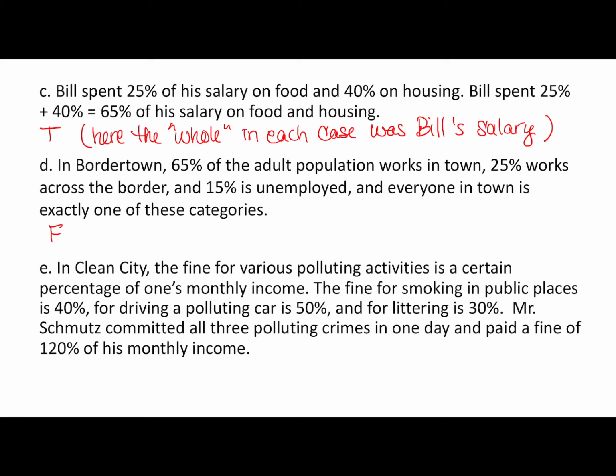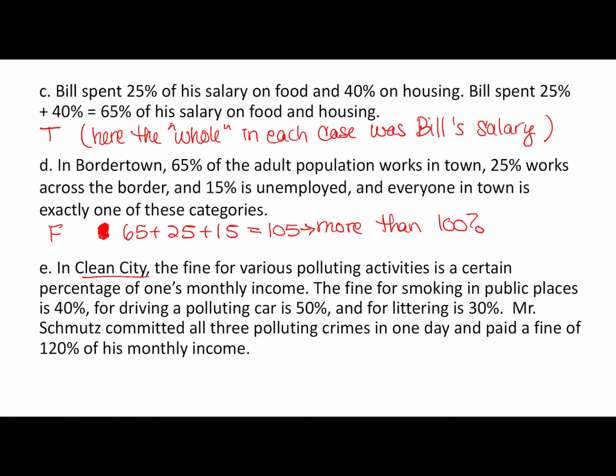And the issue here is, let's do 65 first, 65 plus 25 plus 15. If I add those up, that's equal to 105, which is more than 100%. So that means that I can't have everyone in the town in exactly one of these categories.